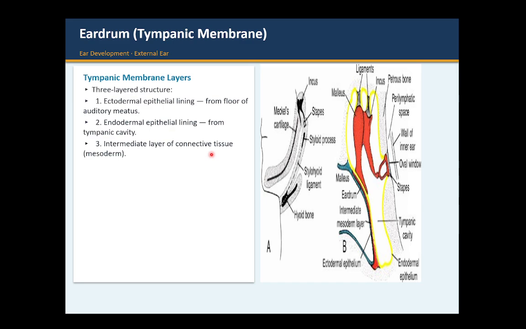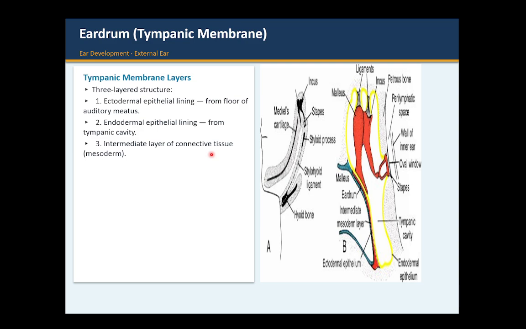So the outer side of the eardrum would have ectoderm. The one which is facing the tympanic cavity is endodermal, and in between the fibrous part of the tympanic membrane is mesenchyme. So you have ectoderm, mesenchyme in the center, and endoderm on the other side.